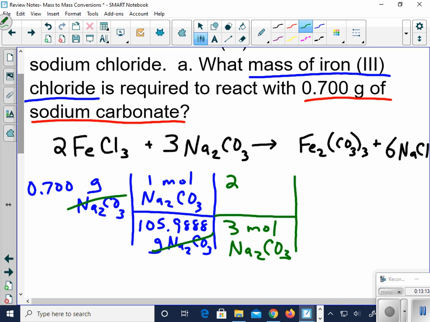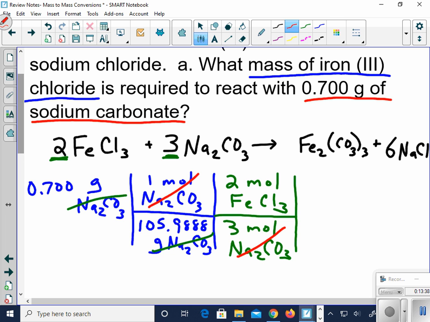So I'm going to have 2 moles of FeCl3. Where did I get the 3 and the 2? Right there, my molar ratio in my balanced chemical equation. So, my moles of sodium carbonate now cancel.